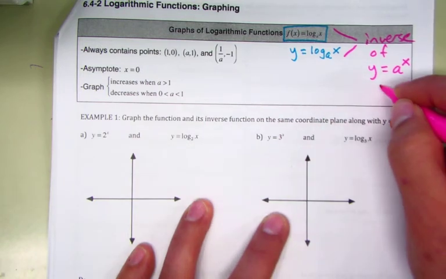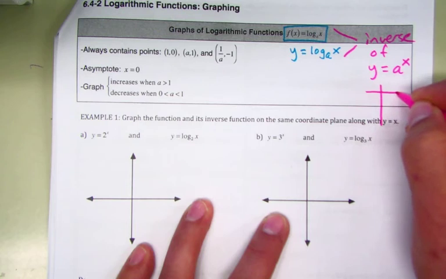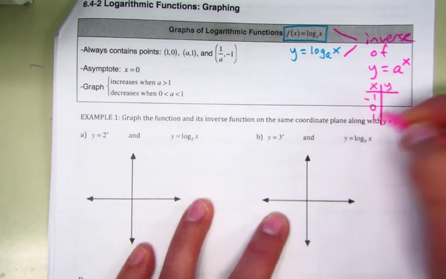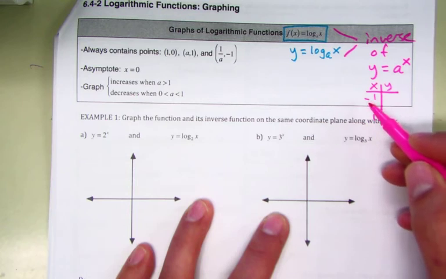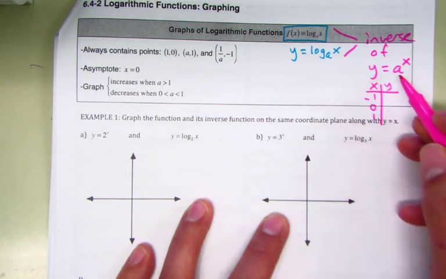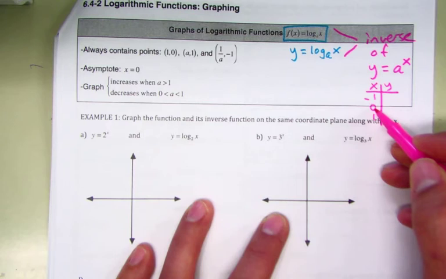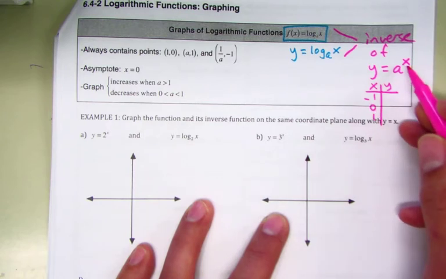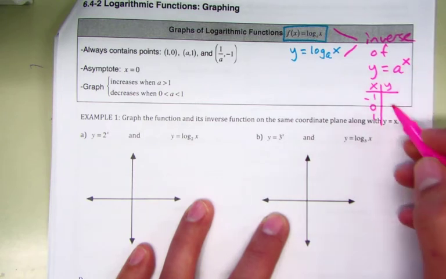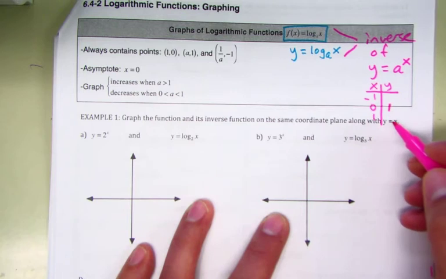So if you remember graphing this, I know we've been using the calculator, but we can easily make a table plugging in these three basic x values into the equation, right? Let's start with the easy one. If I plug 0 in, what's a to the 0? 1, right? Anything to the 0 is 1.